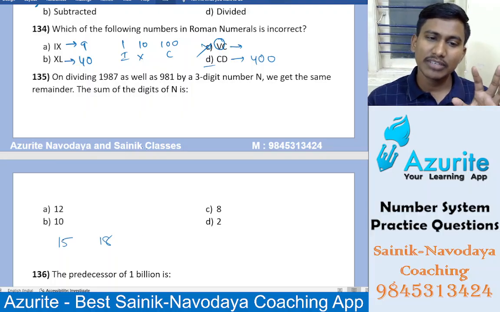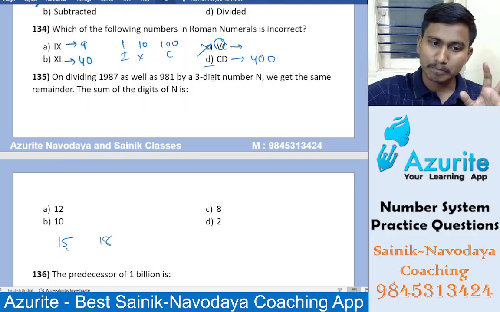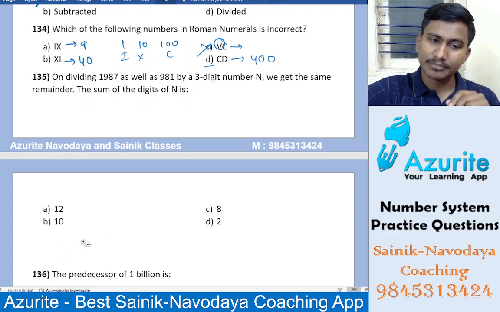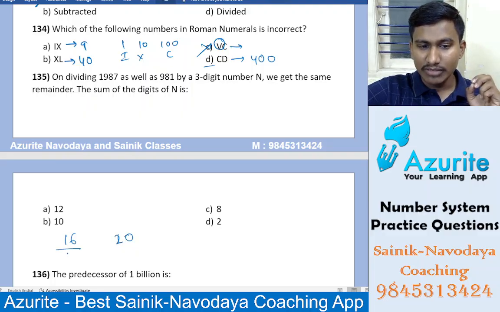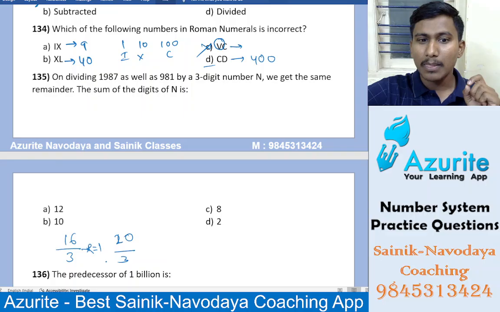It is divisible by 3, right? So let's not take perfectly divisible numbers. Let me take 16 and 20. If you divide 16 with 3, the remainder will be 1, right? And if you divide 19 with 3, 3 sixes are 18, so the remainder will be 1.